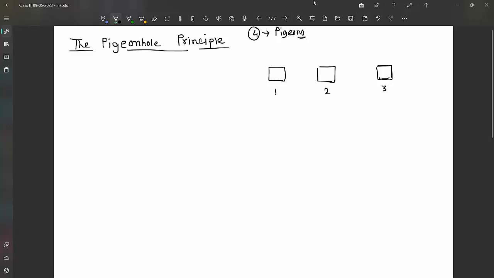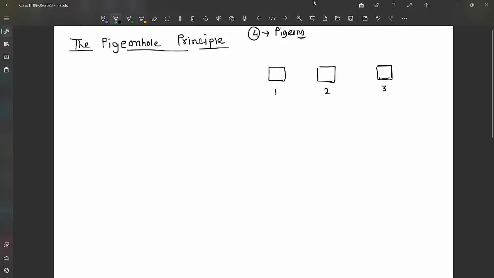Now, is it possible to put only one pigeon in a box or a hole? You have 3 holes and 4 pigeons. Is it possible to allocate only one pigeon to each of these holes? Just say it.